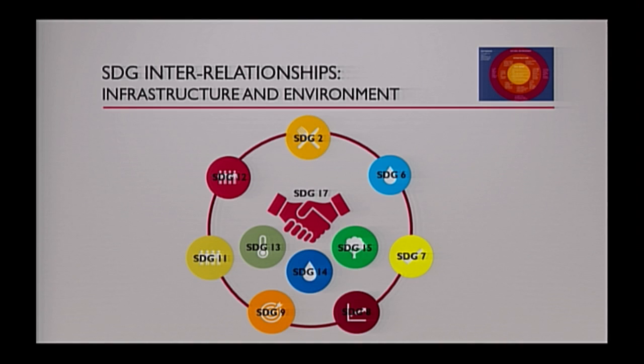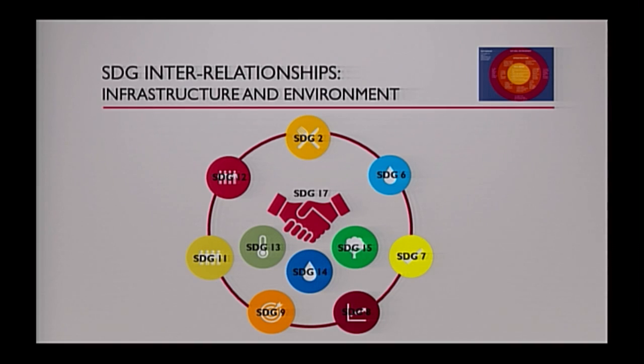I just want to have a short look at one of the other interrelationships between the goals. And I've used, with my colleague who wrote these slides, we've used slightly different images here just to make it easier to see. But I wonder if you can tell what we're referring to in this diagram. We have SDG 17, which is the handshake, so obviously that's the partnership.